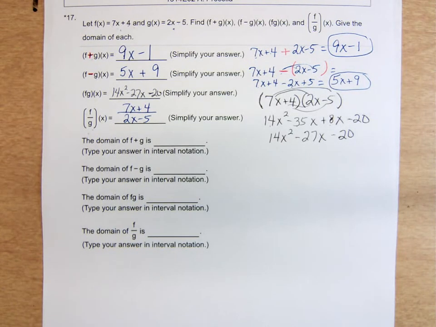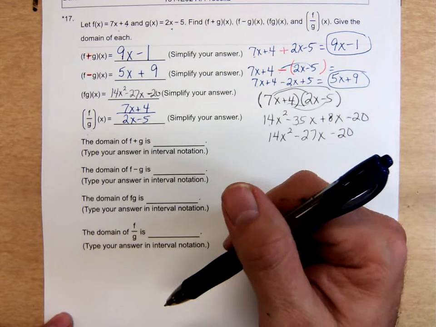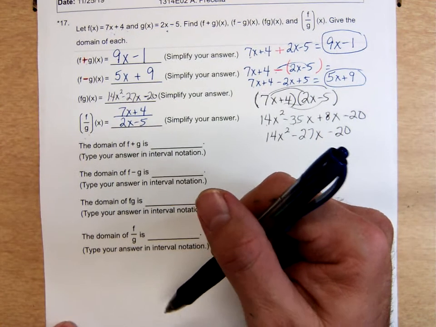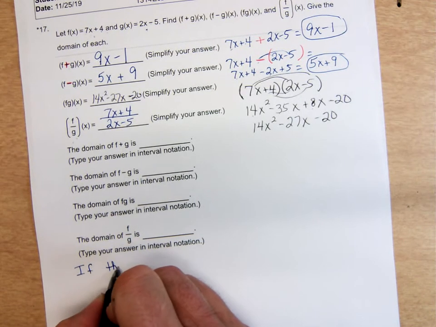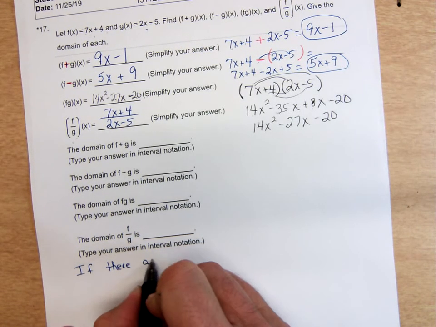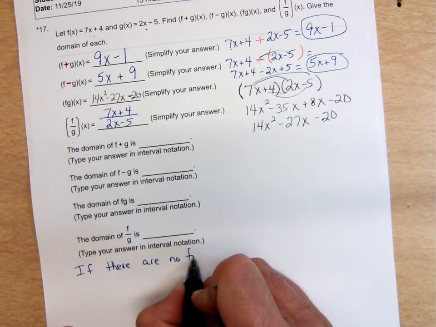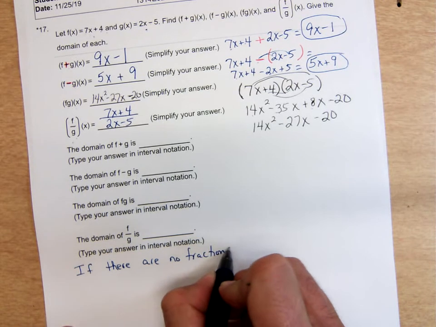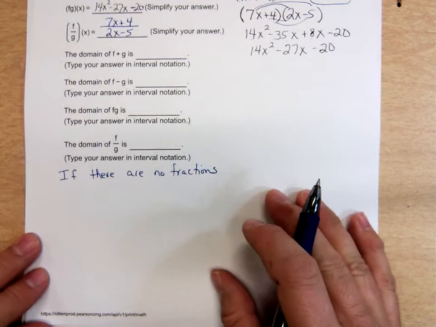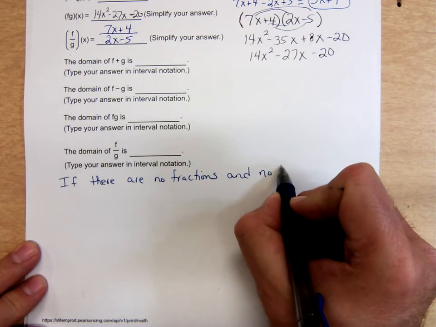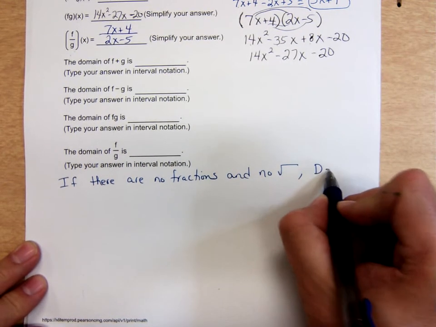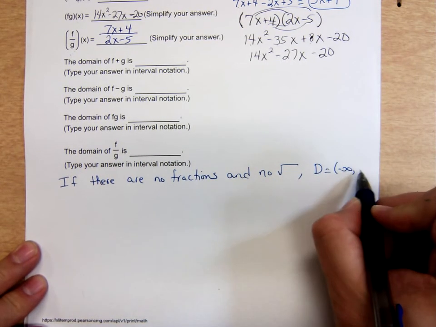Then it starts asking about the domains. So we had some rules about domains. If there are no fractions, let me look this up. If there are no fractions and no square root symbols, the domain is negative infinity to infinity.